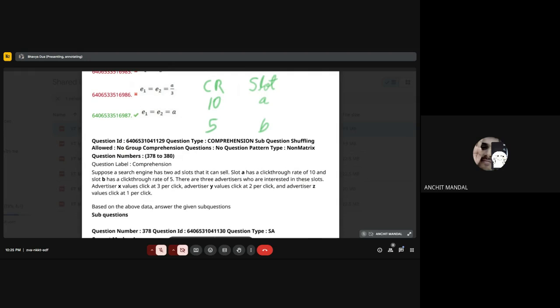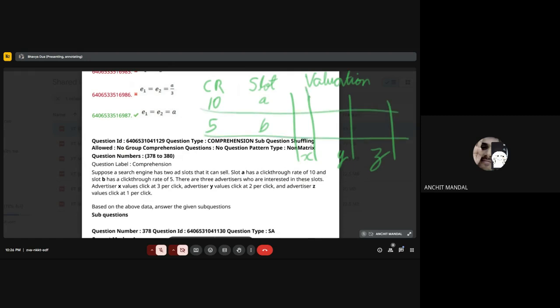Advertiser X values clicks at rupee 3 per click, Y values it at 2 per click, and Z values it at 1 per click. So what is the valuation for X, Y, and Z if they are given any of these?